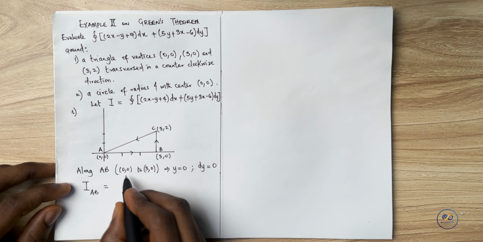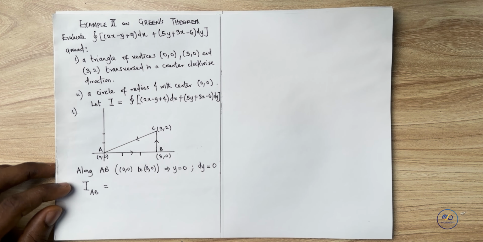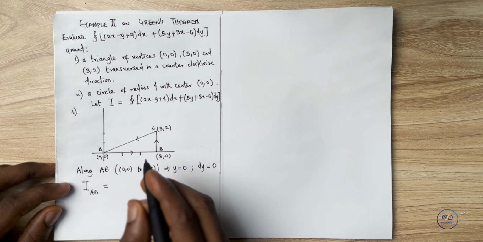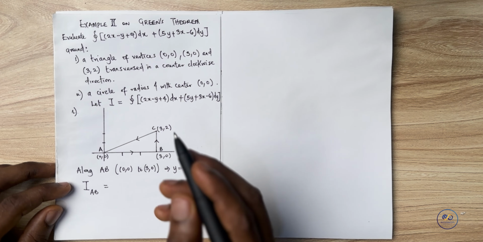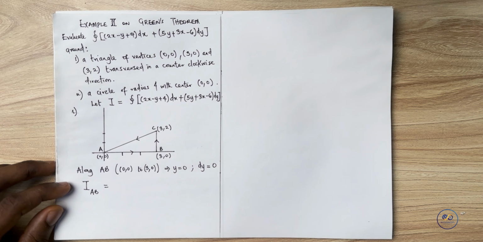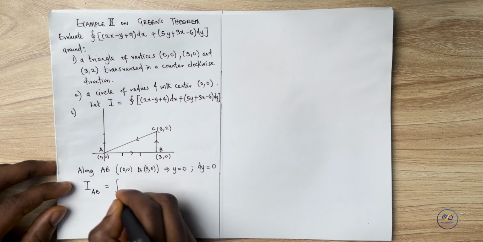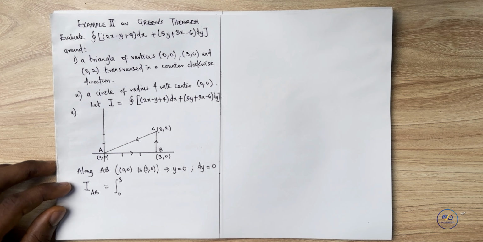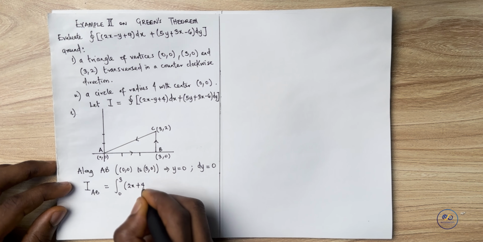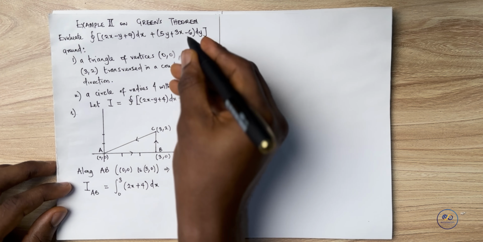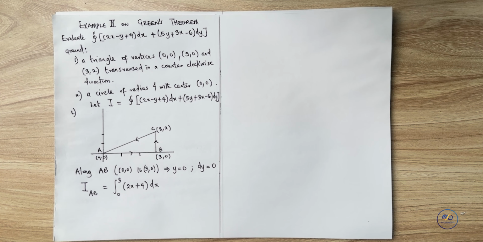Since we're moving from 0 to 3, we've seen that y equals 0 is the equation, dy is equal to 0, and we would only have the x variable remain. y will be 0, dy will also be 0. So this will simply be the integral from 0 to 3 of 2x plus 4 dx. The entirety of the other bracket will vanish because you're multiplying by dy.